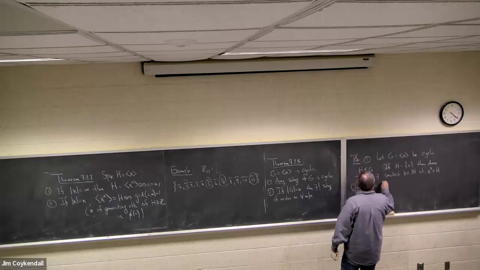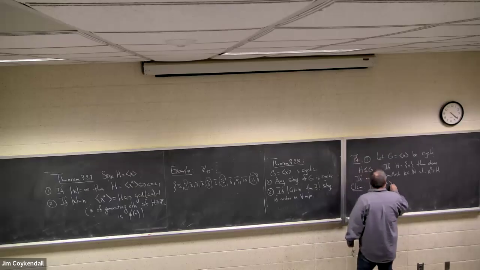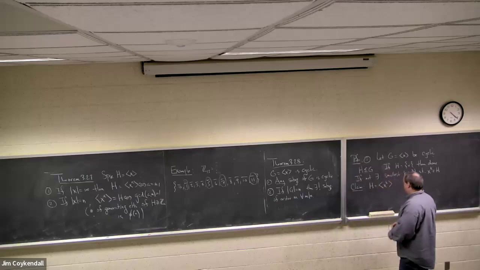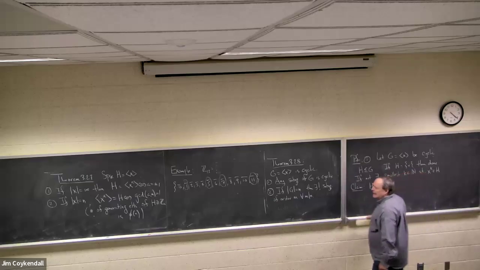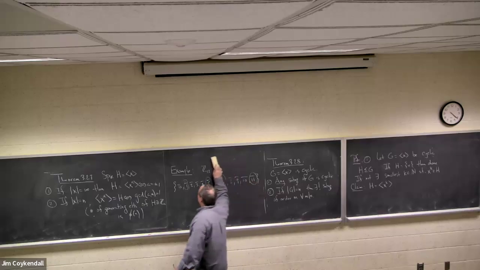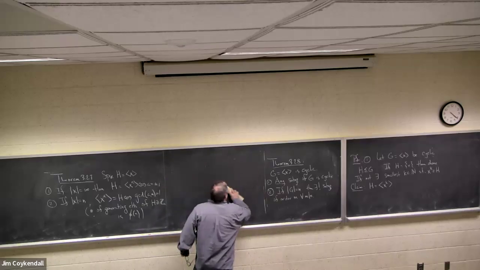that H is generated by x^k, where this is the smallest exponent. I'll prove this quickly.